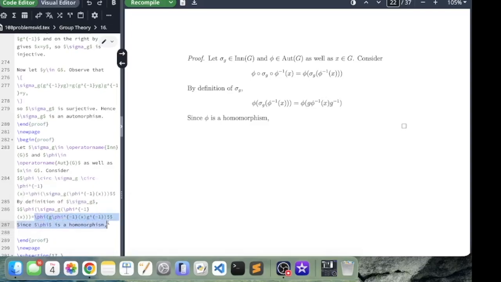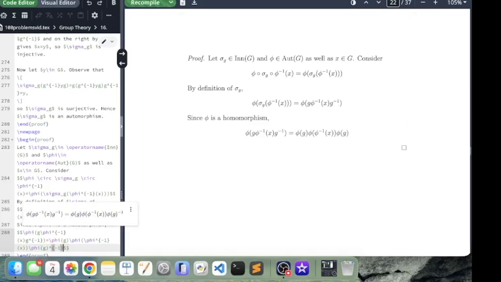So we take this guy, and we can write this as phi of g, lowercase g, times phi of phi inverse of x times phi of g, and I'm going to put the inverse on the outside here because we have homomorphism, so we have that equality as well.